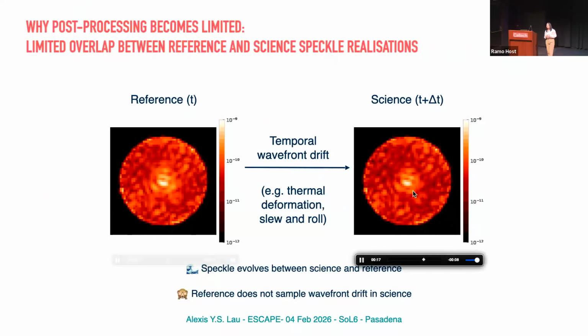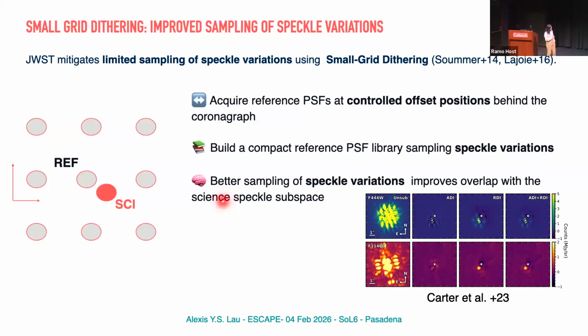So for the James Webb Space Telescope, there is a technique called small grid dithering that everyone has heard about, to partly mitigate the effect. The idea of our strategy is based on this technique. Small grid dithering applies a two-dimensional offset, a controlled tip tilt, by moving the star behind the coronagraph.